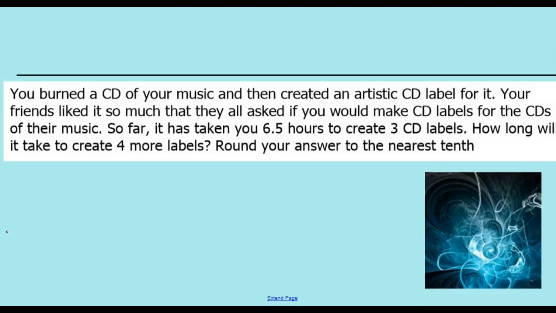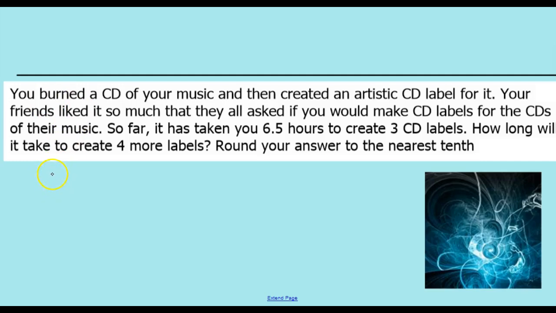This one says, you burned a CD of your music and then created an artistic CD label for it. Your friends liked it so much that they all asked if you would make CD labels for the CDs of their music. So far, it's taken you 6.5 hours to create 3 CD labels. How long would it take you to create 4 more labels?